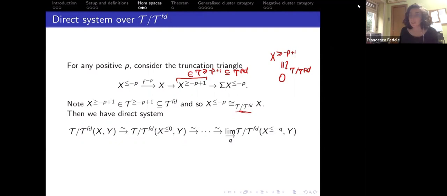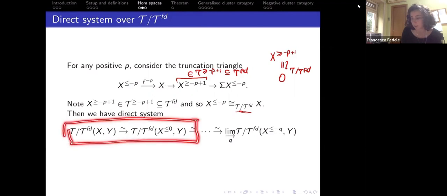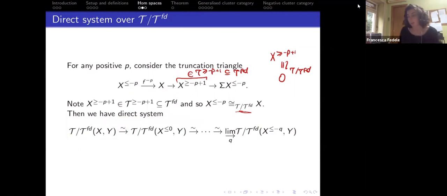And then, if we think about this a bit more, we can see that that means that everything is an isomorphism in the corresponding direct system. And a direct system where everything is an isomorphism also gives you a limit that is isomorphic to all of these objects involved.